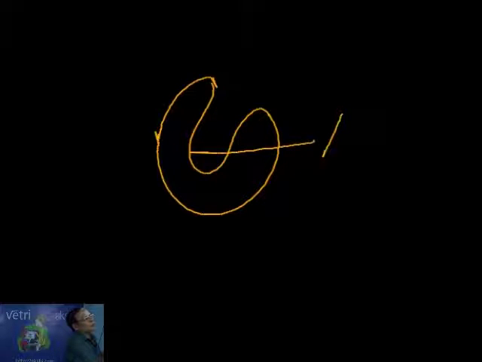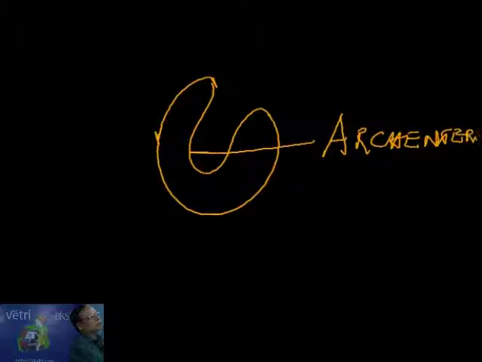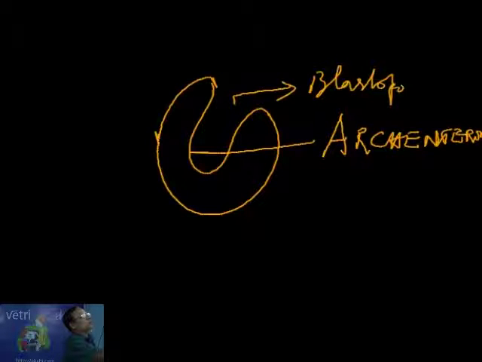This body cavity is called archenteron. This is also called the primitive gut, and in future it will form the digestive system. Now this archenteron communicates to the exterior by means of a small opening called the blastopore.